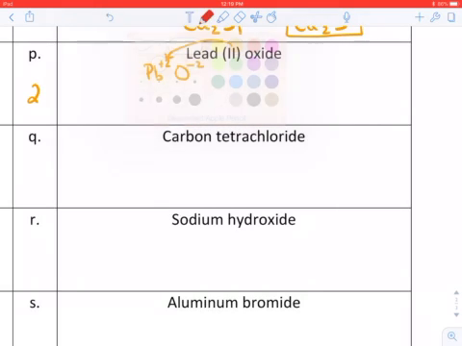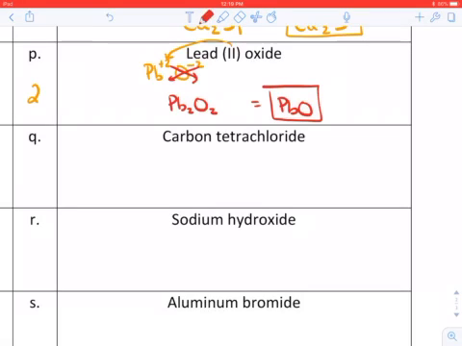So again, we're ready to do our crisscross. 2 down, 2 down. We're going to get Pb2O2. But the last step in crisscross is crisscross and reduce if possible. Well, we can take a 2 out of all of these, so we're going to just say PbO. That is our formula for lead-2 oxide.